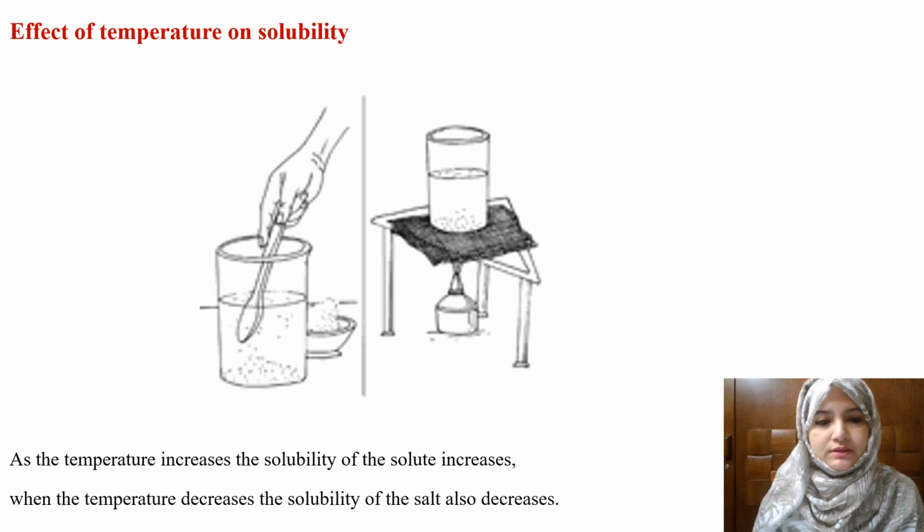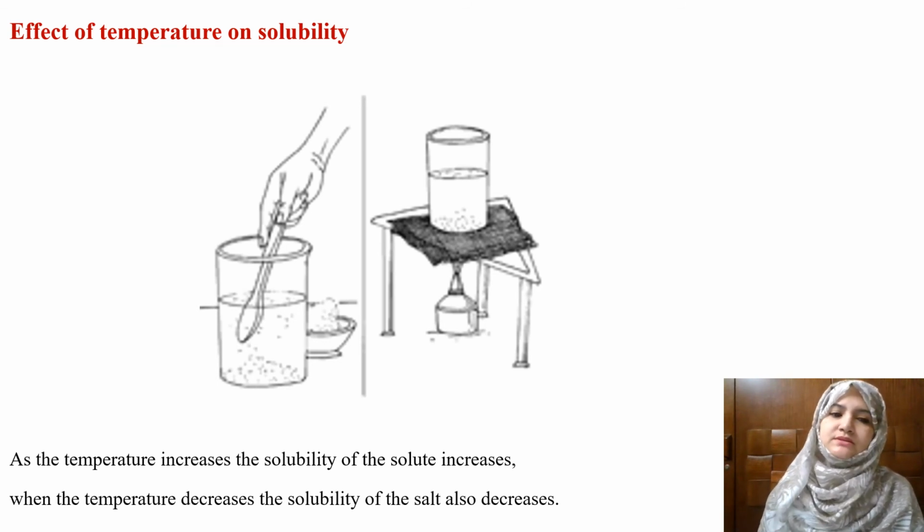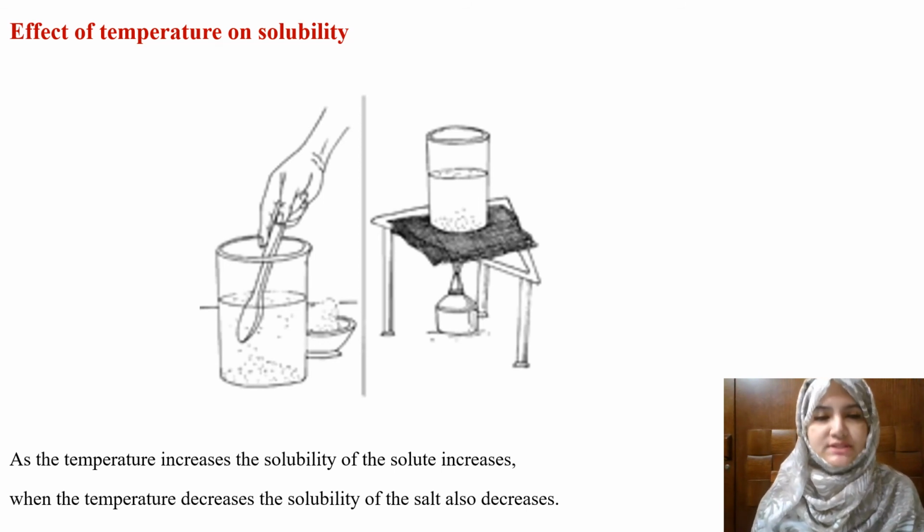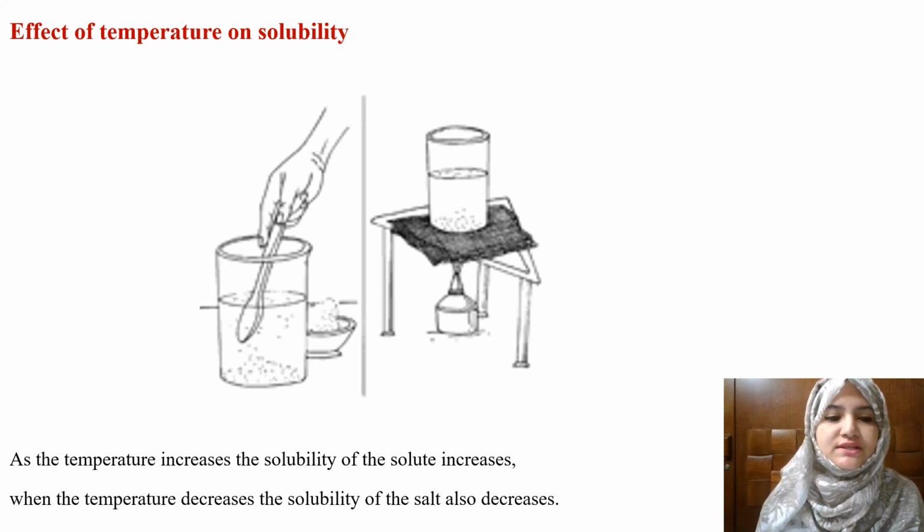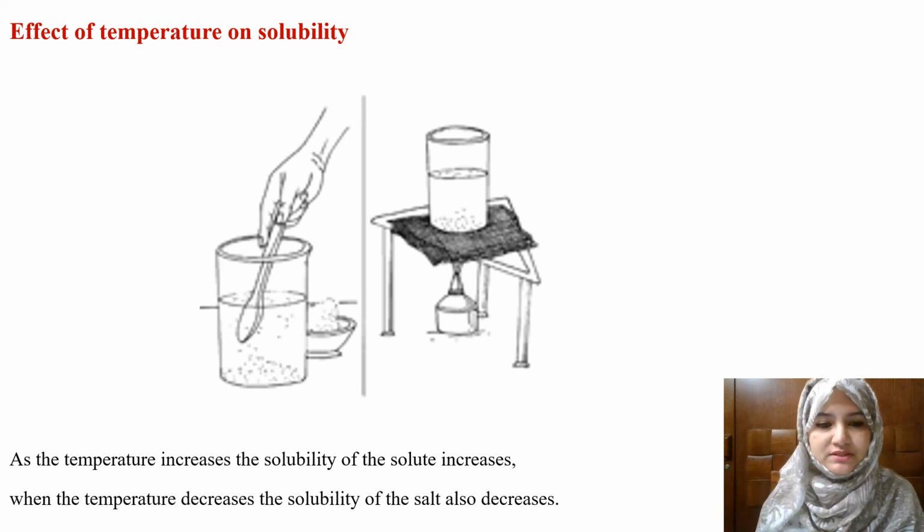Okay, then what happens when we cool down the saturated solution? When we cool down the saturated solution, the water particles come closer to each other. Now, when they come closer to each other, the space between them decreases, due to which the salt which was dissolved in this solution starts precipitating.